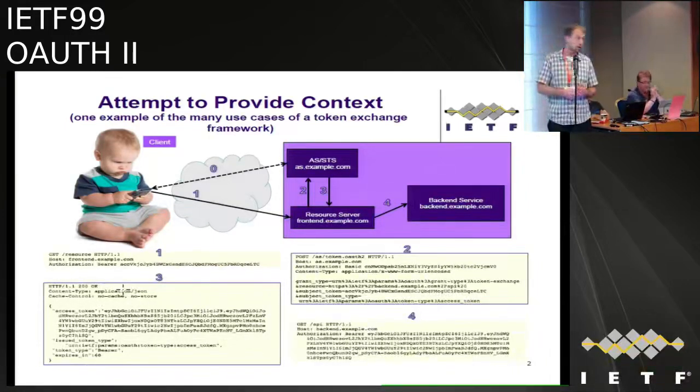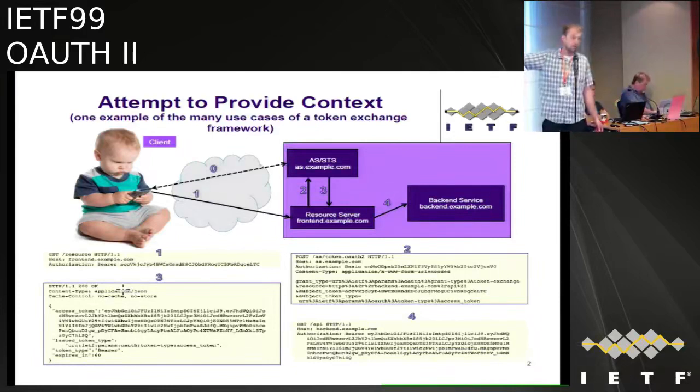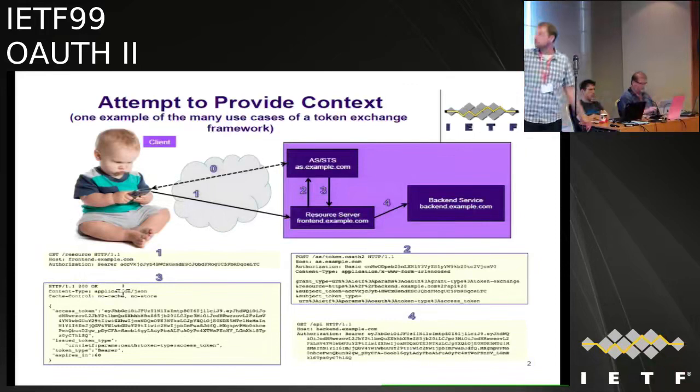One particular use case that we hear a lot is a client in step 0 obtains a regular old OAuth token through whatever flow, device flow, authorization code flow, it doesn't matter. It gets one through a normal OAuth flow and it has it, and it sends it in step 1 to the resource server through a normal RFC 6750 request with the bearer authorization here.